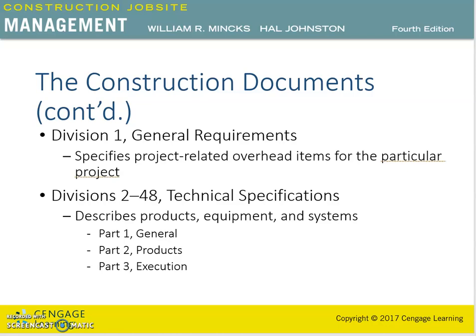Under the general category, they contain several essential items that can help determine the scope of the product required, for example related work elsewhere, the description of the work, quality assurance, submittals, etc. Part 2 relates to the products. This section details the products intended for the project.